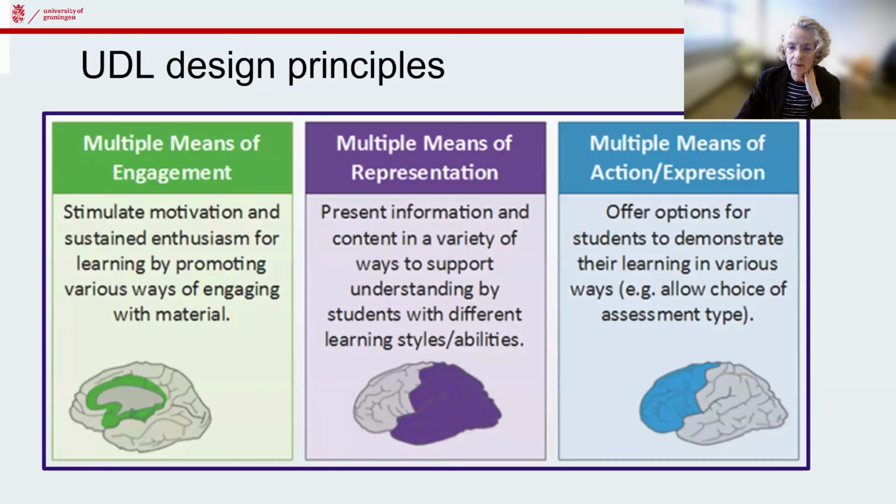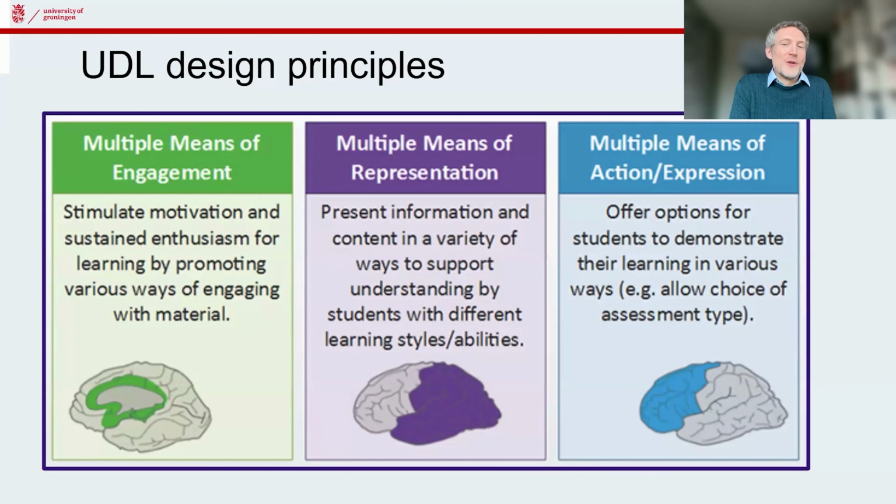So UDL begins with a straightforward proposition relevant to all inclusive course design, and that is there is no average learner. Instead, each student brings a unique combination of background, interests, and skills to the classroom. To accommodate this diversity, UDL promotes the use of flexible teaching strategies and accessible materials, to which we'll return a bit later, to meet the diverse learning needs of all students. On the slide here, we have the three main principles.